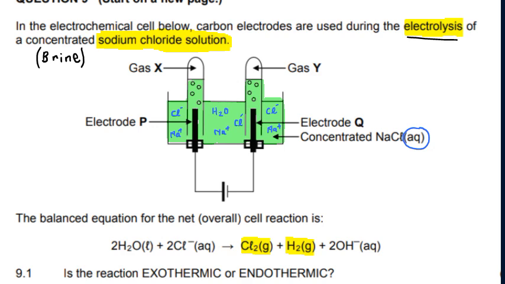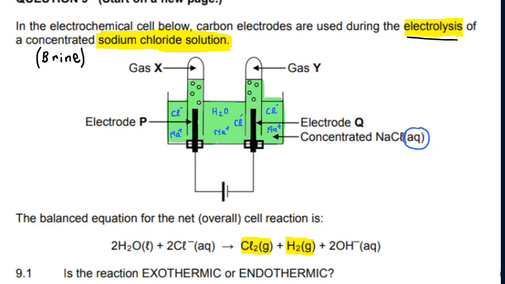Question 9.1. Is the reaction exothermic or endothermic? These are very easy marks, and please don't mess them up. It's just basically applying theory. Like you saw in the previous video, galvanic cells are always exothermic reactions.